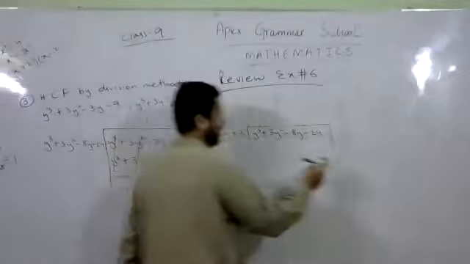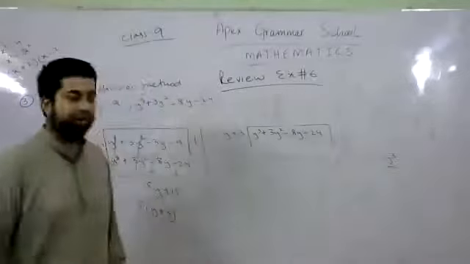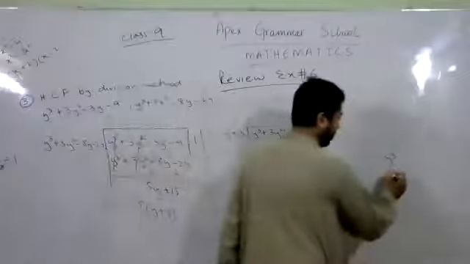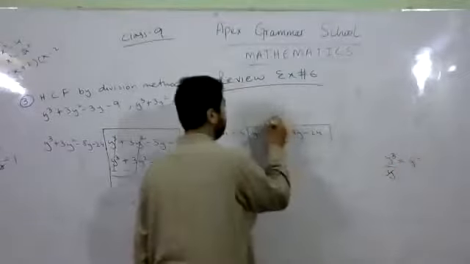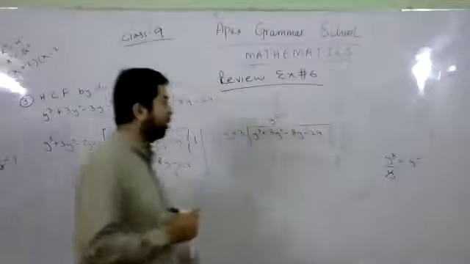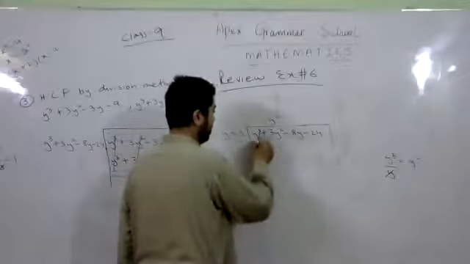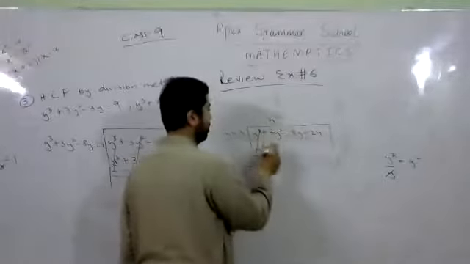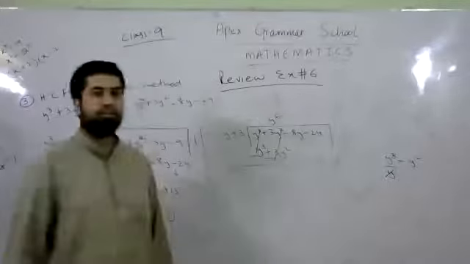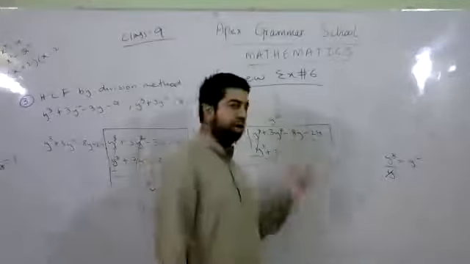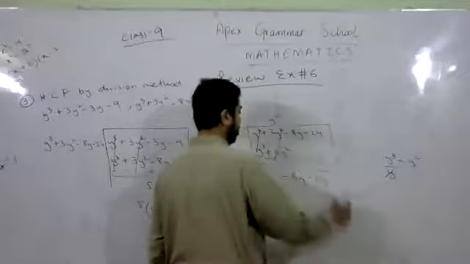Very first is y square. So it becomes y square. Y square will multiply with this y and 3, change the sign, cancel. Y cube plus 3y square, cancel it. And after that, you are left with only minus 8y and minus 22.